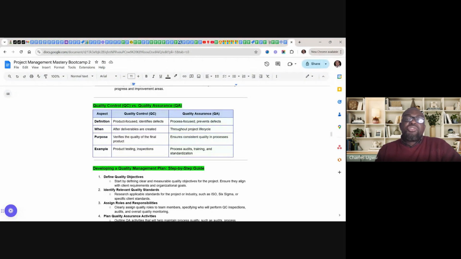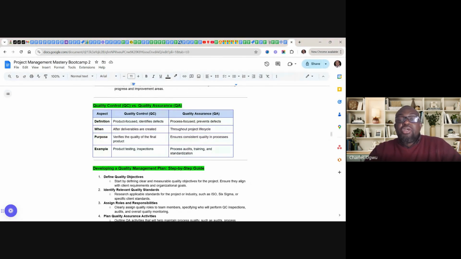And the purpose of quality assurance is to ensure consistency and quality in the process. Examples in quality control are product testing and inspection. And in quality assurance, examples are process audit, training and standardization.